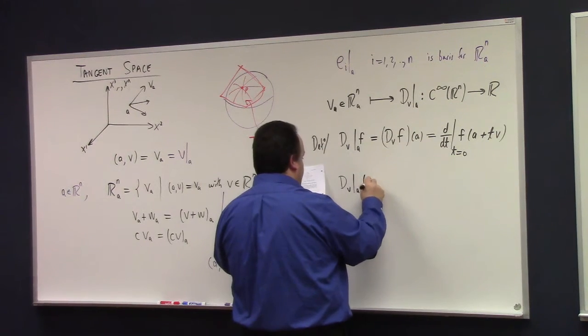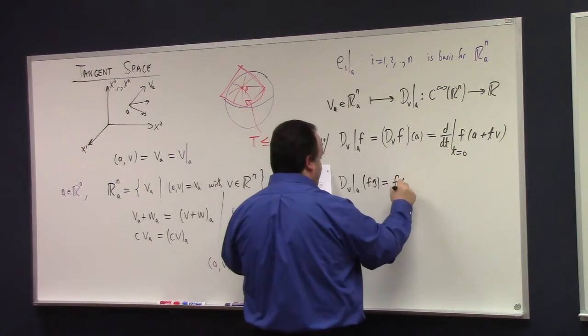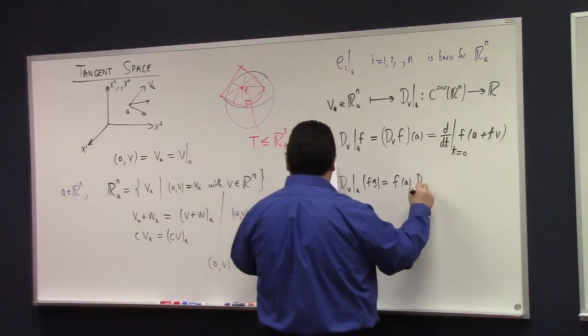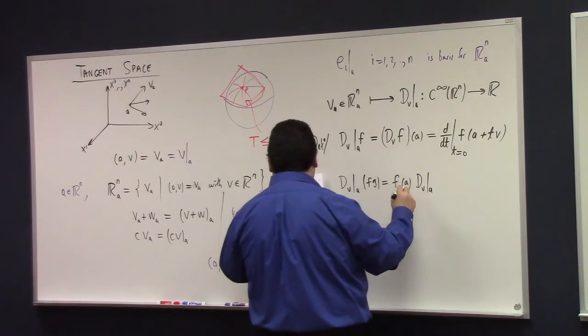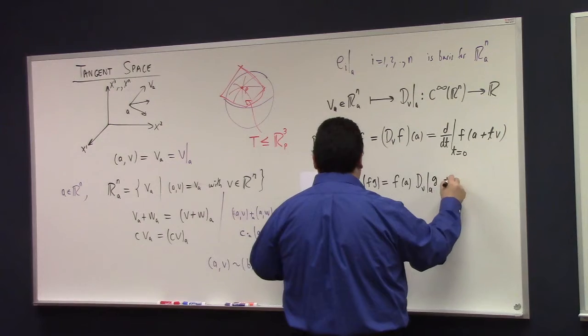D_v at a of fg is equal to f of a, D_v at a of g, plus g of a, D_v at a of f. I'm still getting used to this notation.